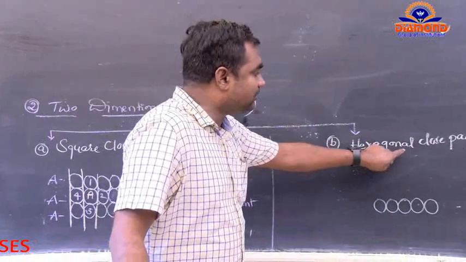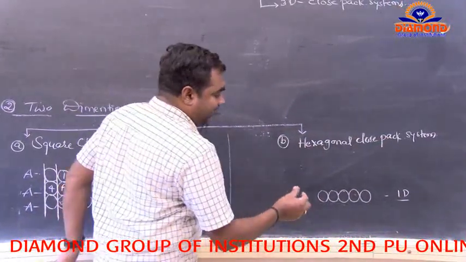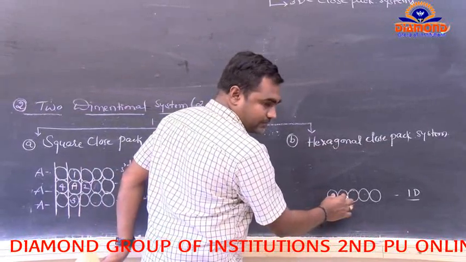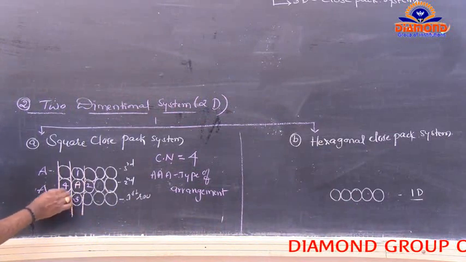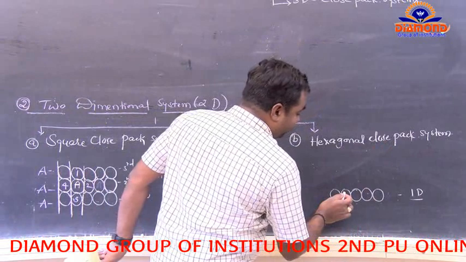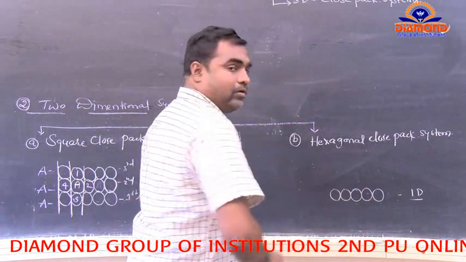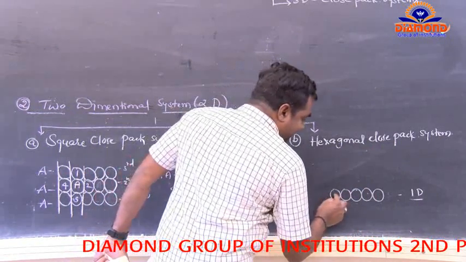Now come to the hexagonal closed pack system. In the hexagonal closed pack system, the atoms are arranged in between the atoms. So here in the square closed pack, one is above the other. Here in hexagonal closed pack, in between two atoms, you get the atoms. So here are the 2 atoms.